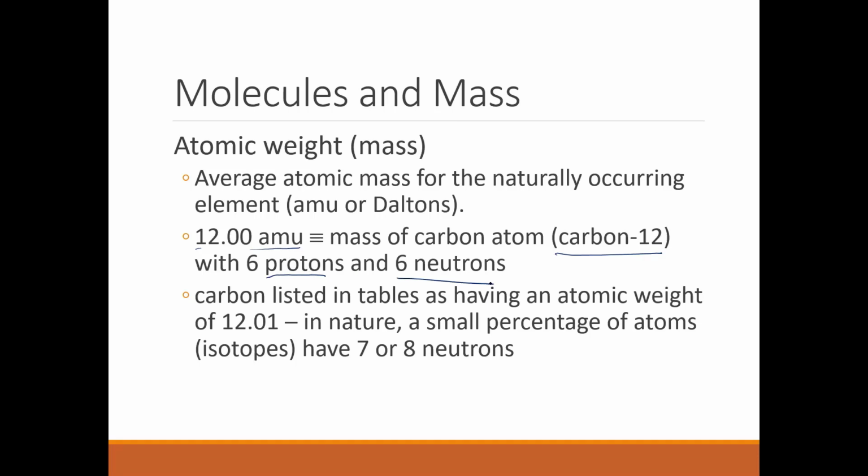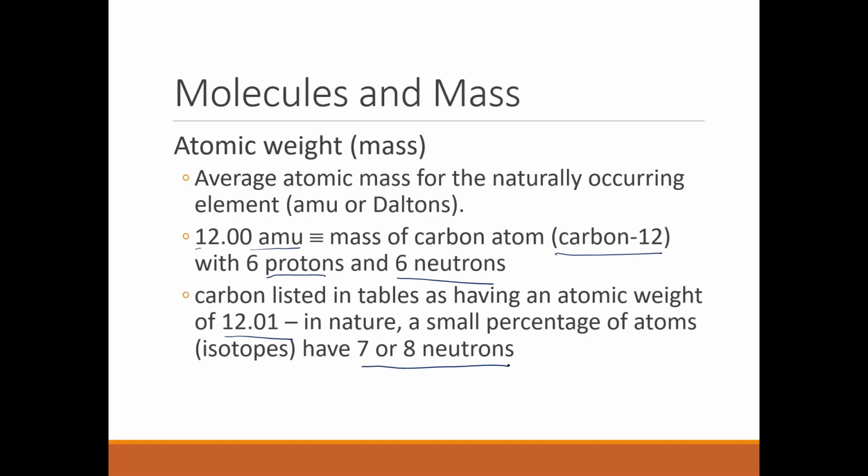But if you look at a table of atomic masses, you'll see that carbon is listed as having an atomic mass of 12.01. The reason for that is that in nature, there's a small percentage of atoms, or isotopes, that have 7 or 8 neutrons.